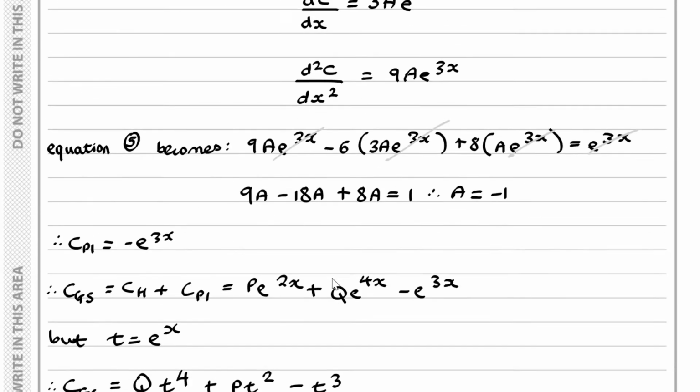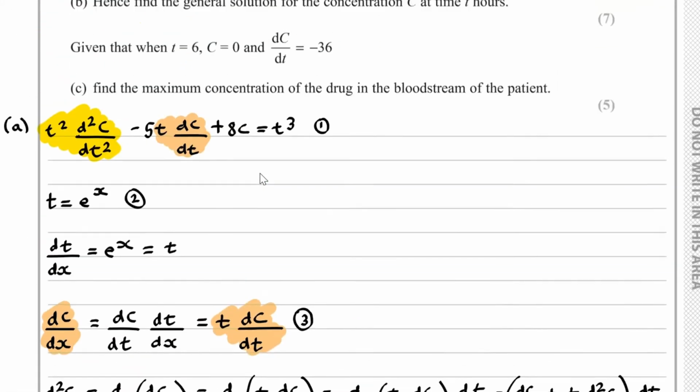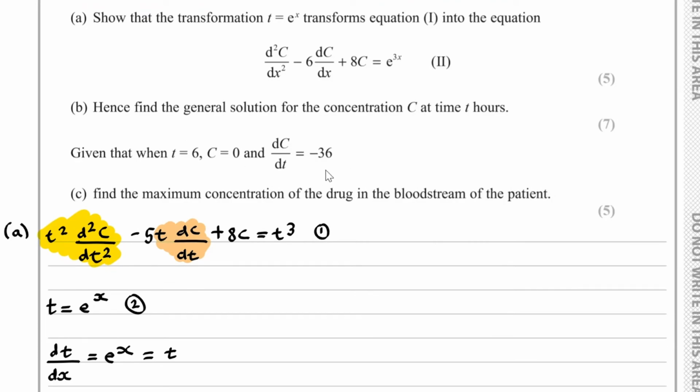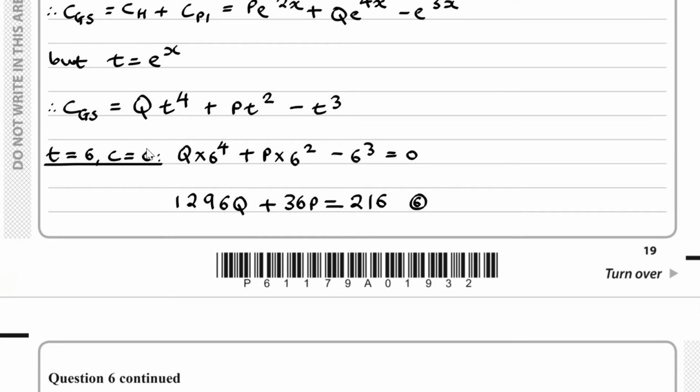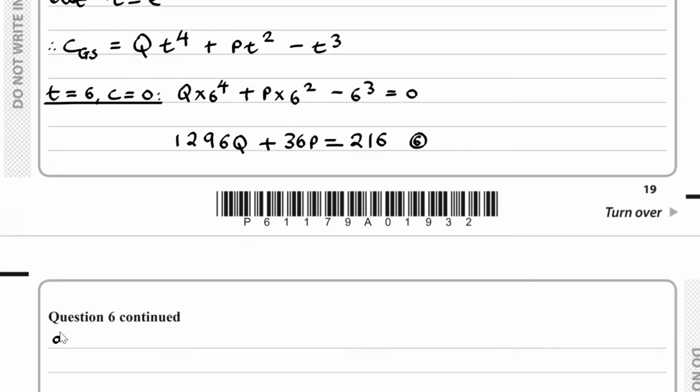And we were also told that when t equals 0, dc over dt is equal to minus 36. So if we take a look at this general solution, dc over dt, if we differentiate this, we have 4q t cubed plus 2p t minus 3t squared.